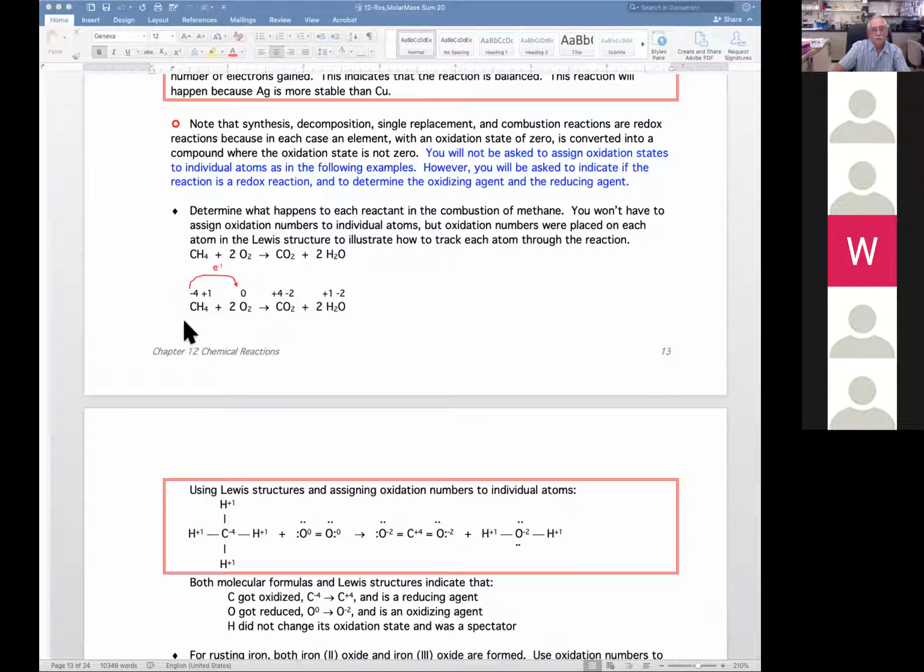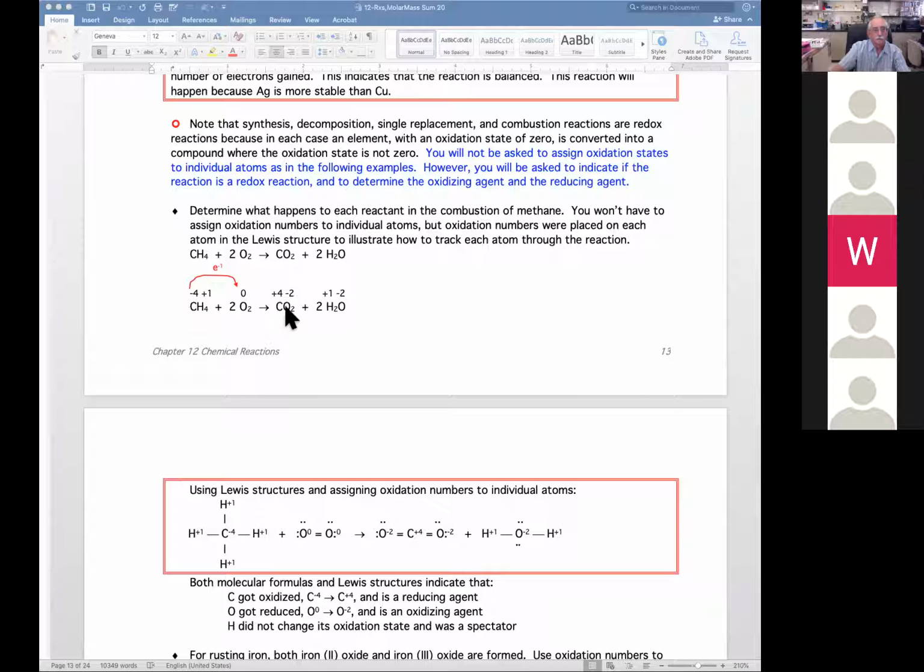So I'm looking at this problem right here, and I don't really need to put numbers exactly. But you see oxygen is very reactive, so it's going to take electrons and get a negative number. And what happens to the carbon?